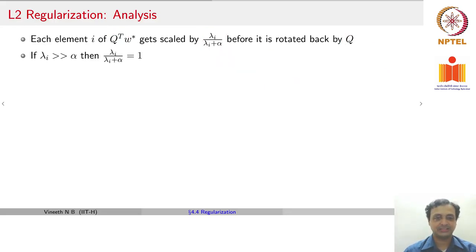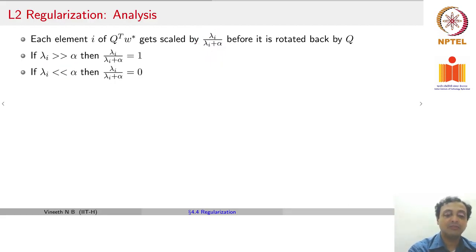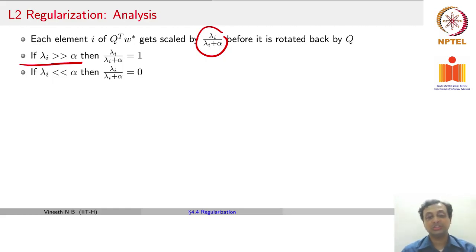Let's see what that scaling means. If lambda_i is much greater than alpha, this is going to become 1, and if lambda_i is significantly lesser than alpha, this will become 0. Rather, the scaling is going to be of value only when lambda_i is much greater than alpha, because in other cases it's going to become 0.